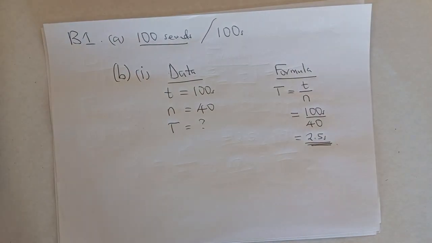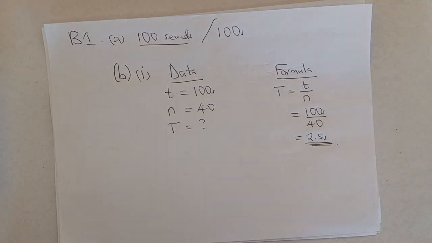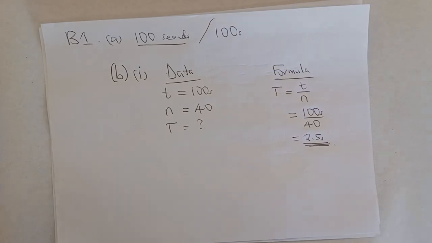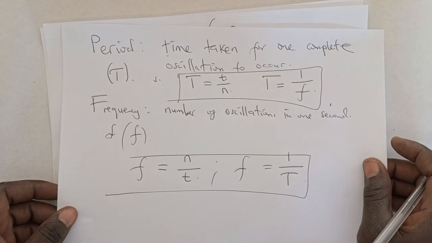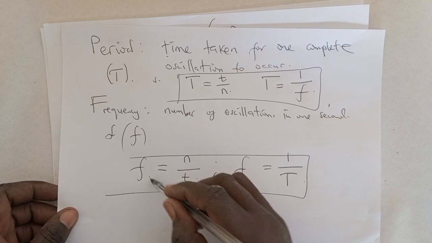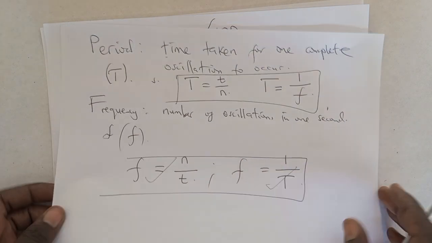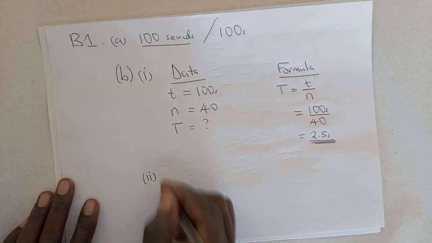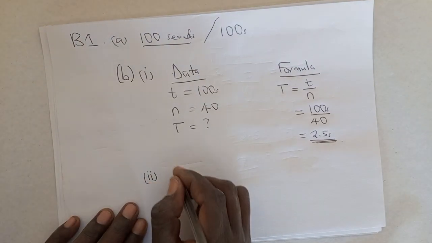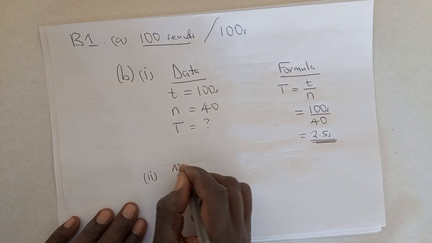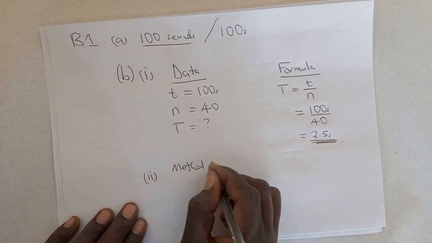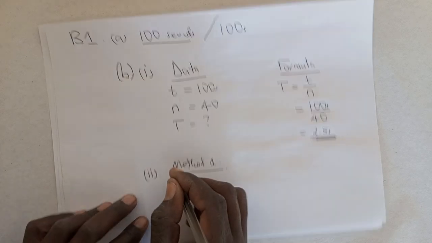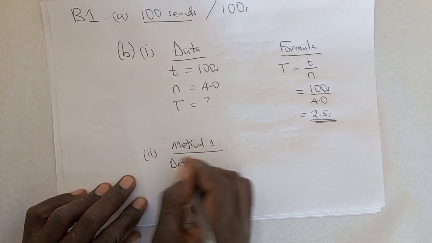So, from the formulas that we had arrived at, we can use either of the two to find the answer, and it is going to give us the same answer. So B2. If you want to use this method, I'll call it method 1, where you write the data.